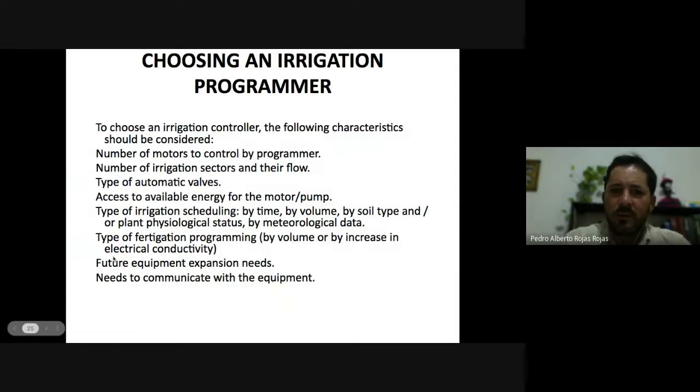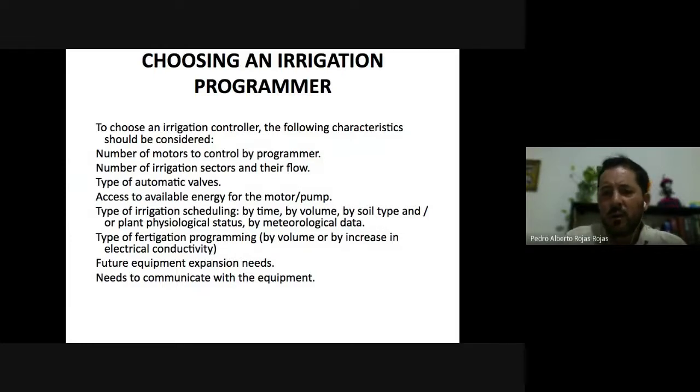Then the type of fertigation programming, which is by volume or by electrical conductivity, this is the quantity of fertilizer in the water applied to the crops. Also, you need to know the future equipment expansion that will be needed, or the need for communication with the equipment.